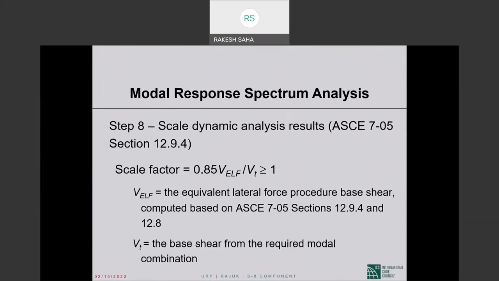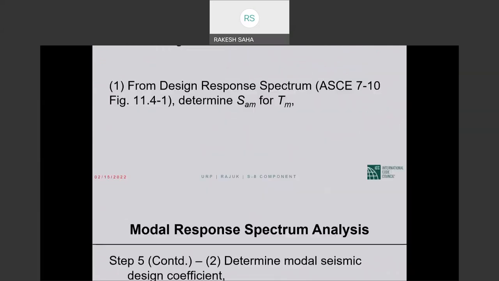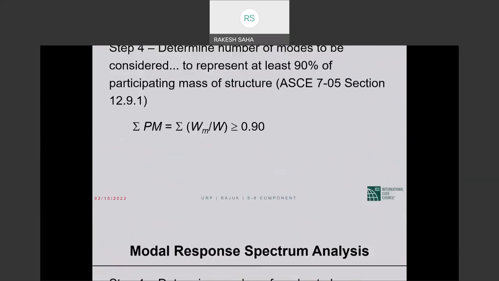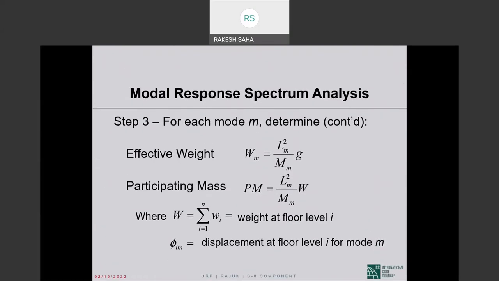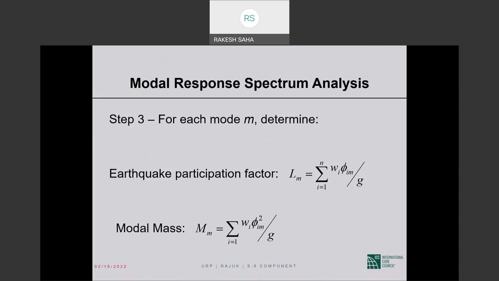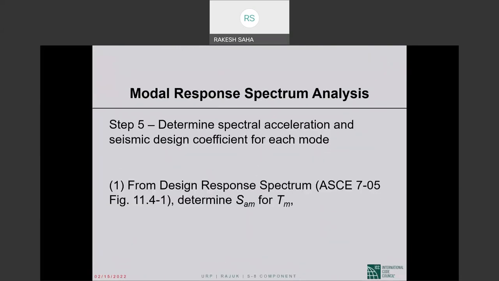The L's are called, one second, be patient with me, please. The L's are called earthquake participation factor and the M's are modal mass. Okay, earthquake participation factor, I can never remember that, and modal mass. Then effective weight and participating mass.